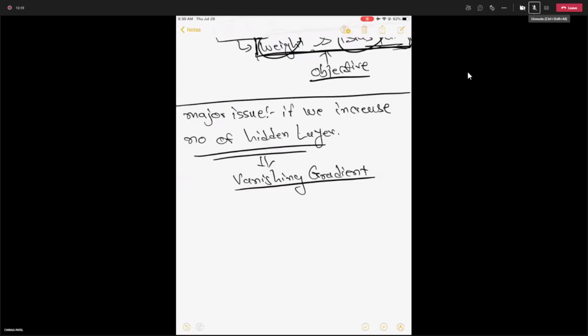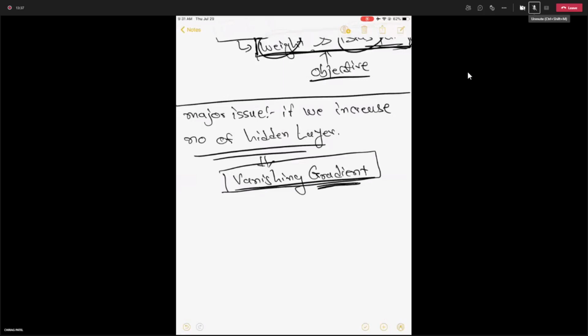That's why I started with this question yesterday, though we had only 5-10 minutes. If I increase my number of hidden layers, we get stuck in this problem. The problem name is vanishing gradient. One by one, we will understand each conceptual thing.